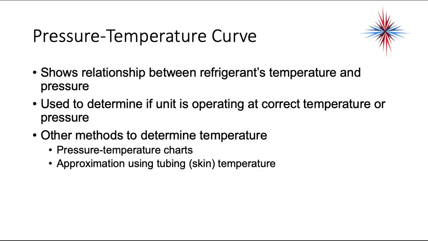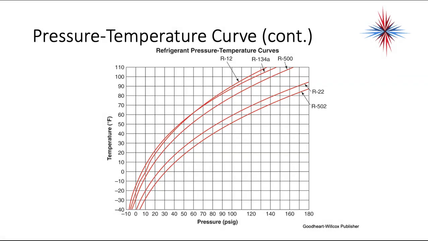The pressure-temperature curve shows a relationship between the refrigerant's temperature and pressure. It's used to determine if a unit is operating at the correct temperature or pressure. We have other methods to determine the temperature. We have pressure-temperature charts, and we have approximation using tubing or skin temperature. So every refrigerant has its own pressure-temperature curve.